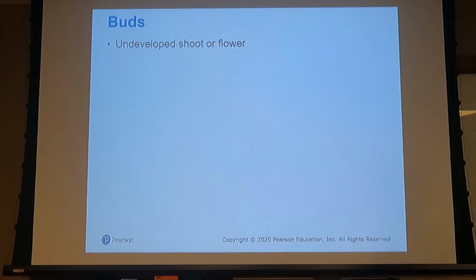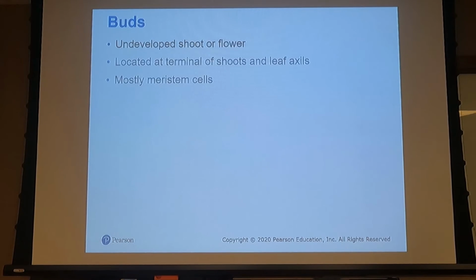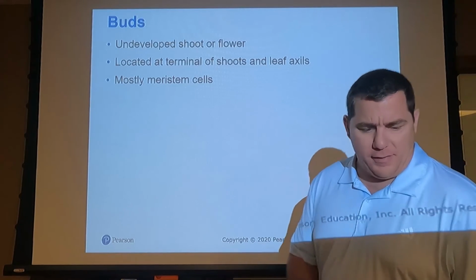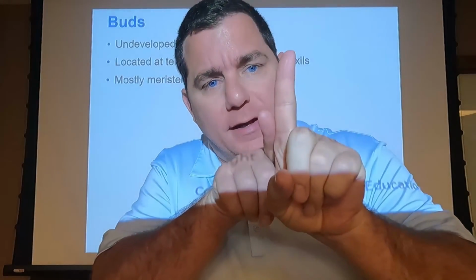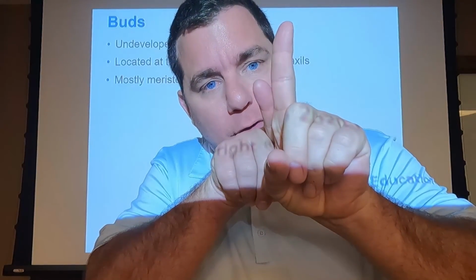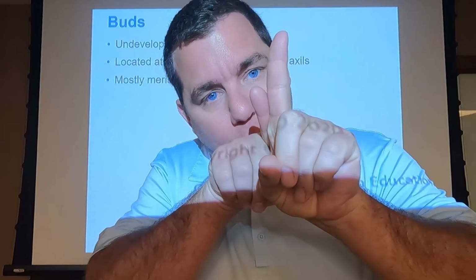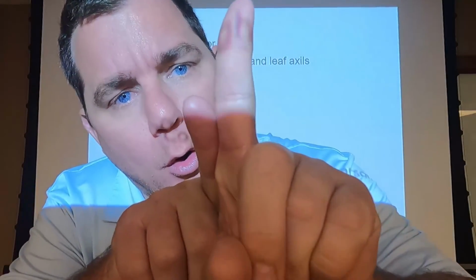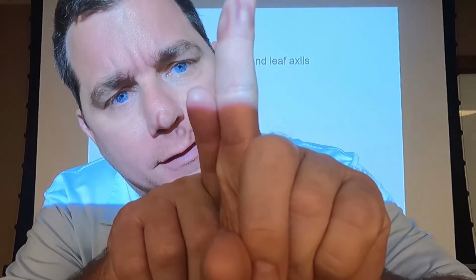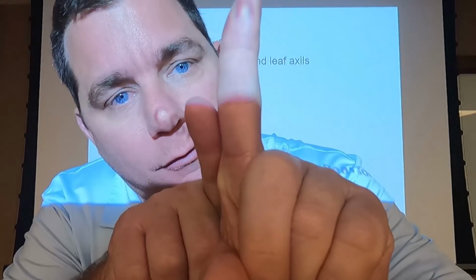Next we have buds, which are part of the undeveloped shoot or a flower, located at the terminal of the shoots and the leaf axils. So really where the stem and the leaf are going to start to differentiate, right in between both of those.